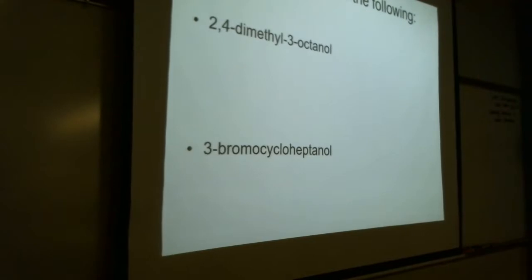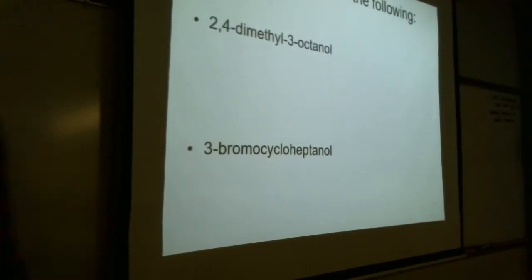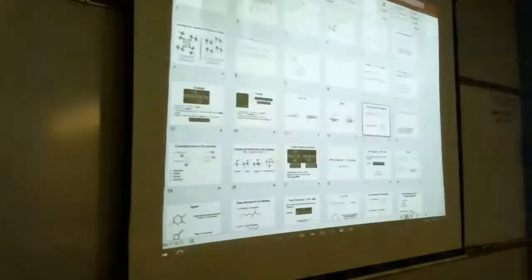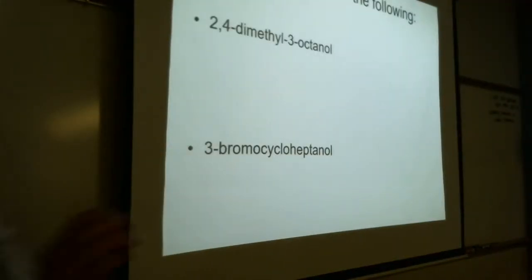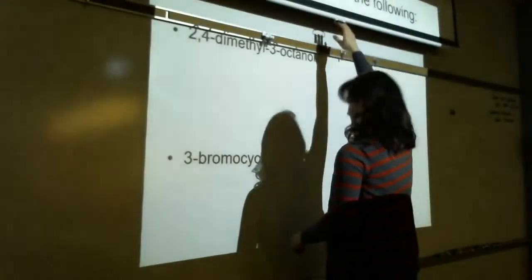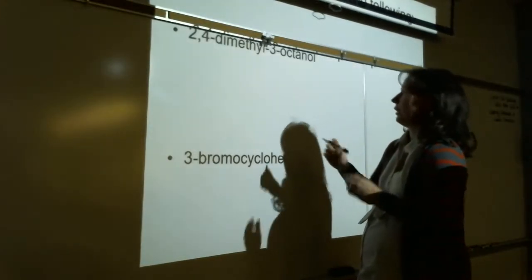Okay, let's go the other way. I've given you some structures to draw. So here are two names. You take a stab at trying those. All right, let's see what we got. So octan tells me it's an 8-carbon chain, right?